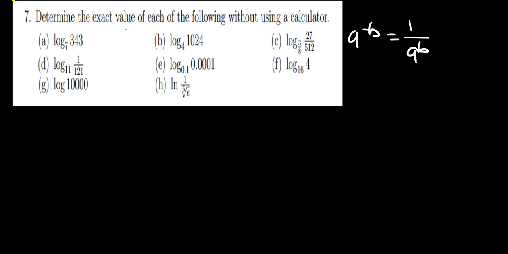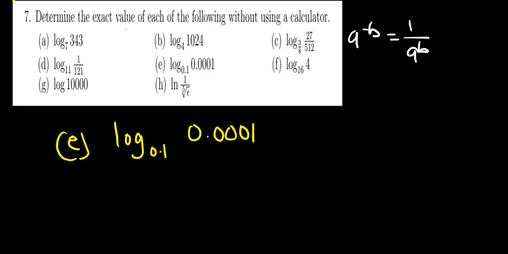Let's solve E. On E, we have log base 0.1 of 0.0001. We're going to say this is the same as log base 0.1 of, and 0.0001 is the same as 0.1 to the power 4.